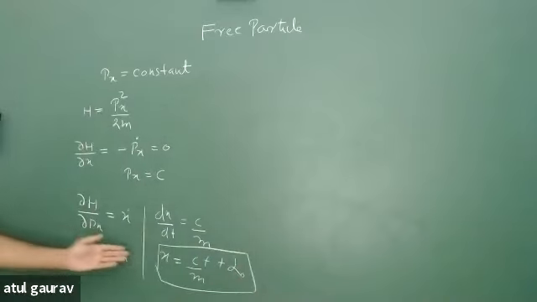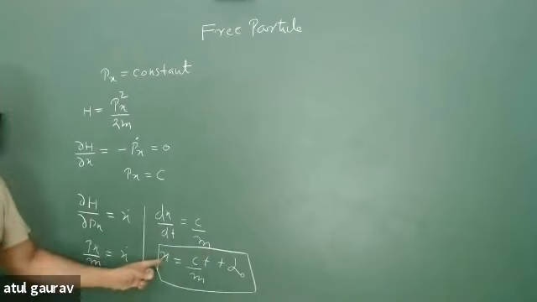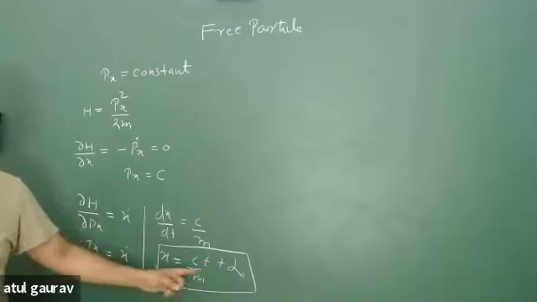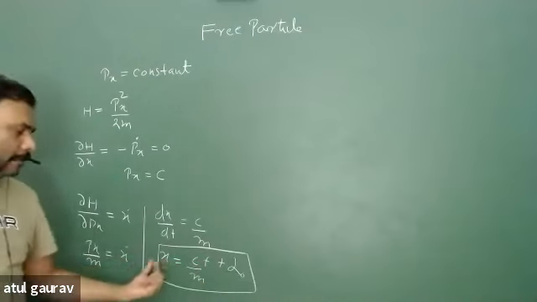This is a particular trajectory, and in this trajectory we can predict the value of position with time. After time t, how is this going to change? This is position versus time.